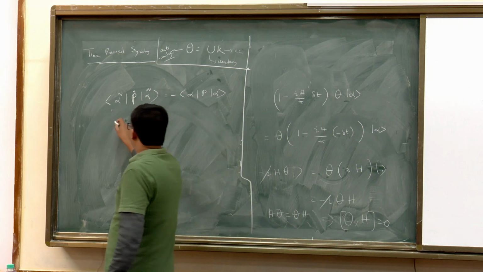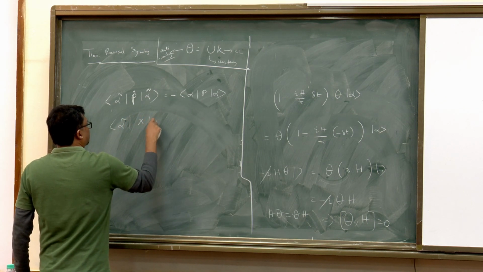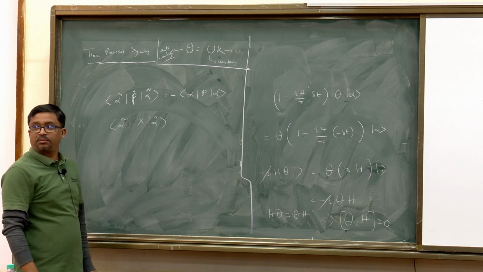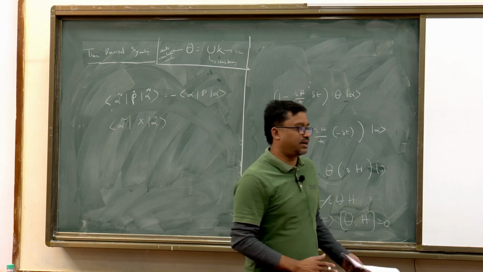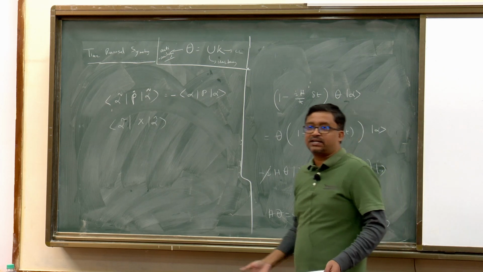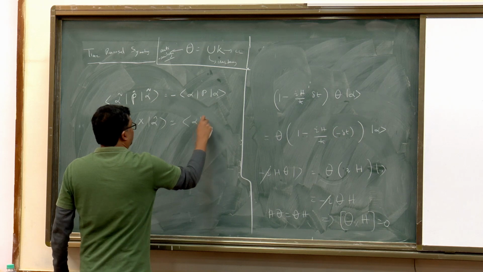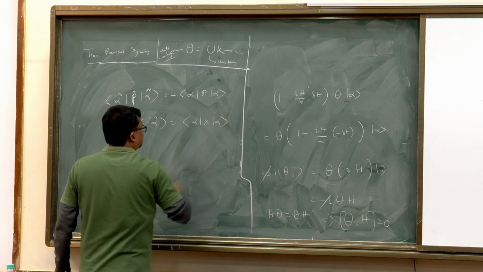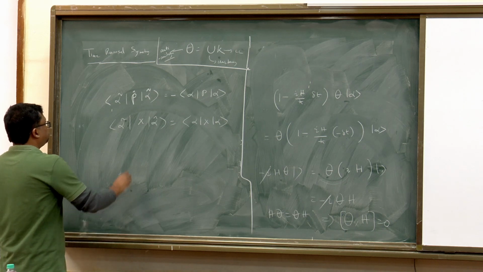But what about position? Can you tell me what about position? Should it be transformed? No, right? Because it does not matter whether I am going in this direction or this direction, the position eigenkets remain the same. So, this should be equal to alpha x alpha.